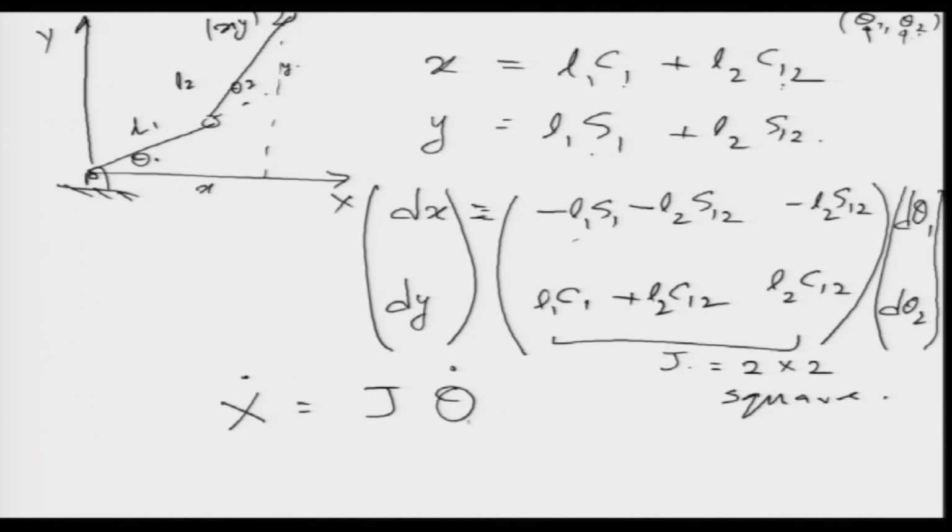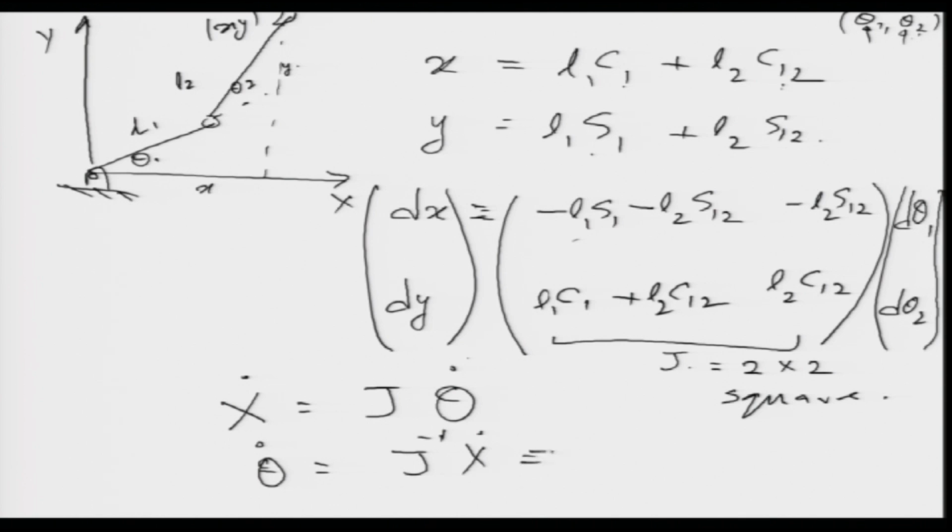Now, what is important here from the control point of view is, for a desired end effector velocity, I need to know the joint velocity. And how do we get that? We get theta dot equals J inverse times x dot. This gives us the relationship between the joint velocities and the end effector velocity.